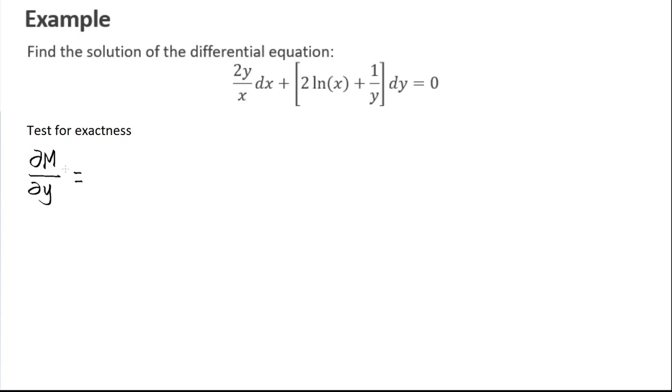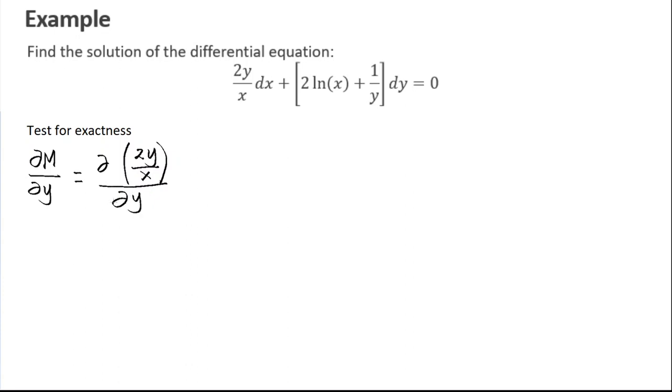So listen carefully about this, guys, in case that you have not recalled how to do partial differentiation. So we will partially differentiate M, which is what? What is M? Our M here is the function beside dx, that is 2y over x, with respect to y.